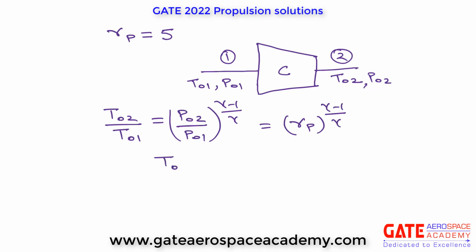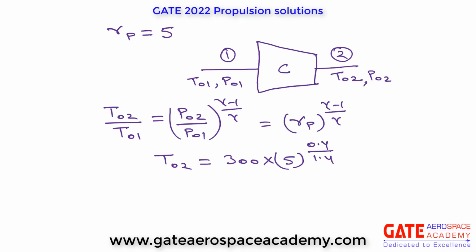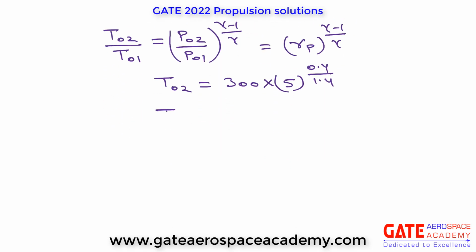So T02 is equal to T01, 300, into 5 raised to gamma is 1.4. So exit stagnation temperature T02 is equal to 475.146 Kelvin.